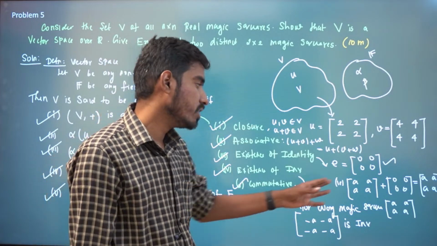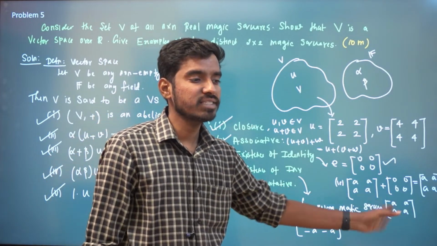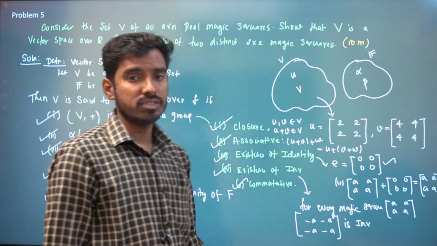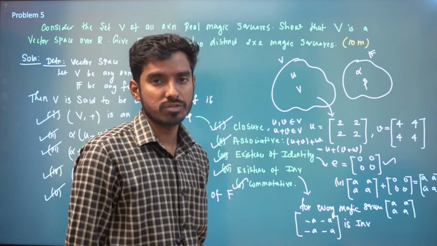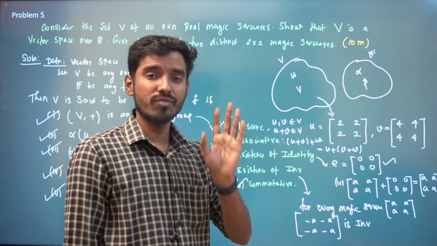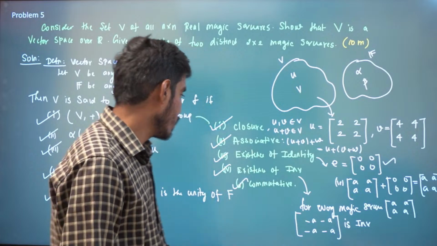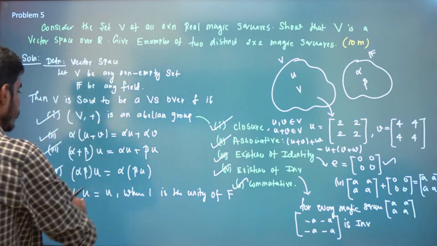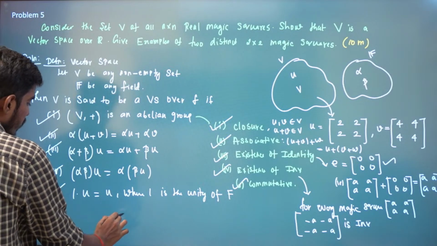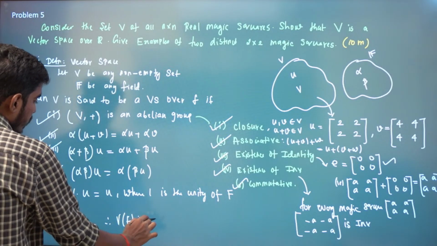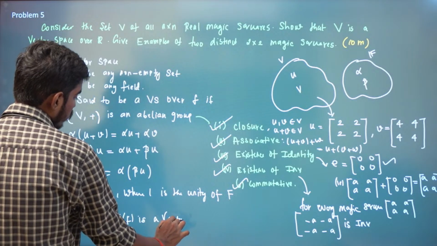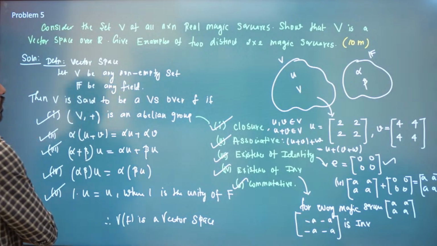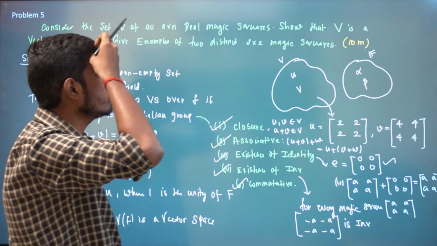For example, if you consider A, your inverse is minus A, because when we add these two matrices, you'll be getting the identity element, which is 0 0 0 0. And then commutative, yes. So therefore the set V over a field F is a vector space.